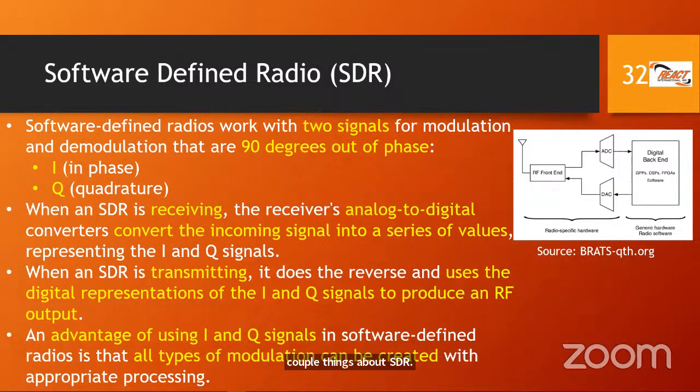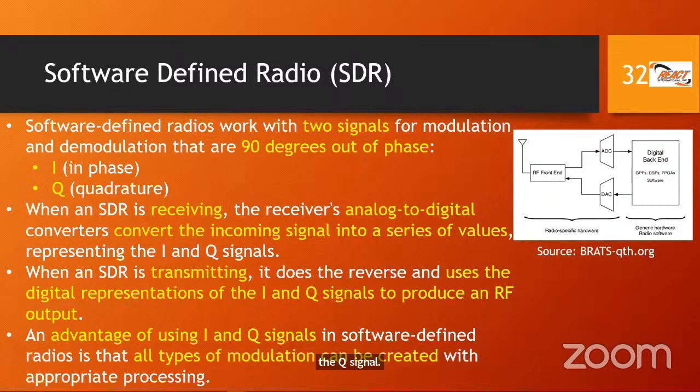All right. So we need to know a couple things about SDR, right? First of all, because it's SDR, or software defined radio, we need to be aware the property associated with SDR radios is that it uses what we call I and Q signals, right? So it uses two signals, and those two signals are 90 degrees out of phase. So you have the I signal and the Q signal, and coming up in the next slide, we'll show you what we mean by the two signals are 90 degrees out of phase.